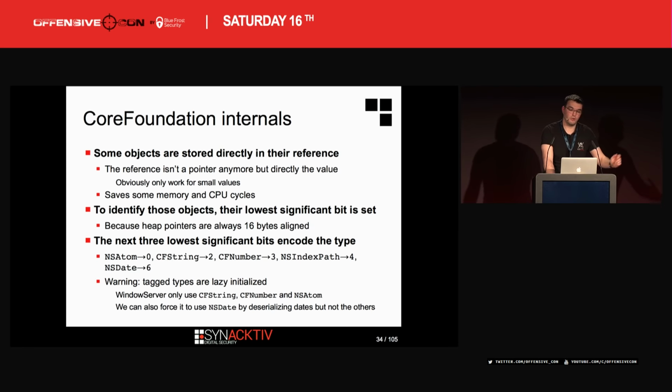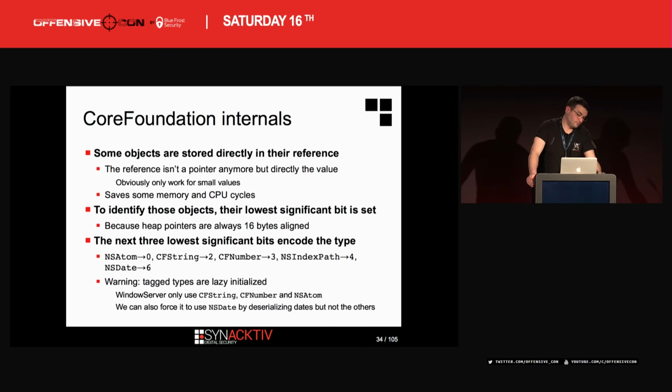The next three lowest significant bits encode the type of the object. You don't have all those 3 bits used today. There are only 1, 2, 3, 4, 5 different types that are supported right now. And you need to be careful when you use those pointers, because the tagged types, that's their name, are lazy initialized.